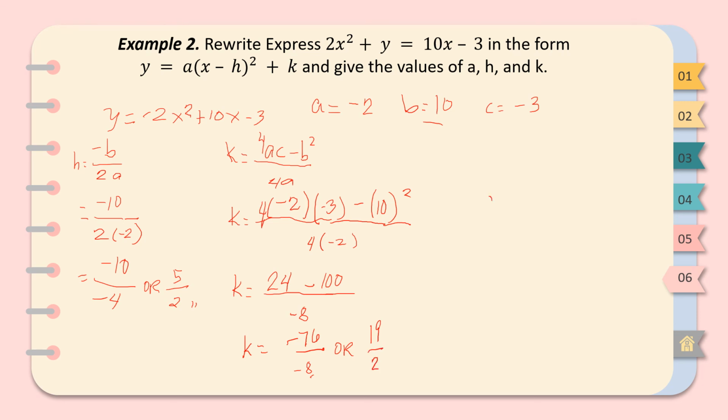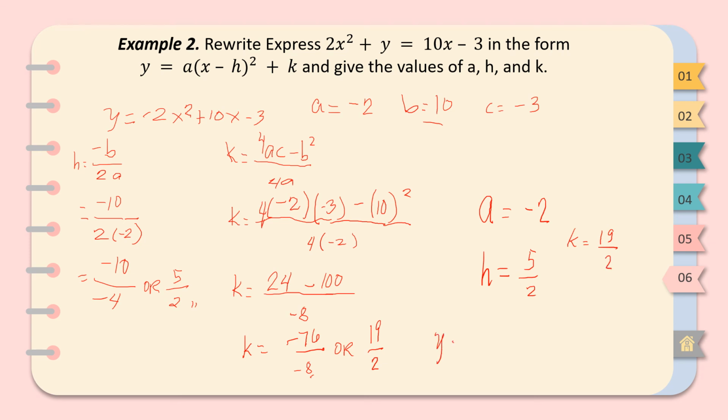Therefore, ang A natin ay equal to negative 2. Ang H natin ay equal to 5 halves. At ang K po natin ay equal to 19 all over 2.